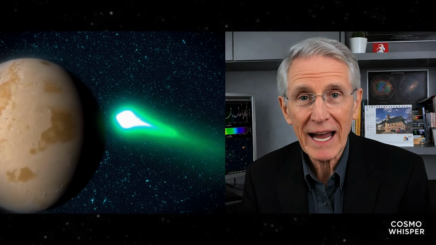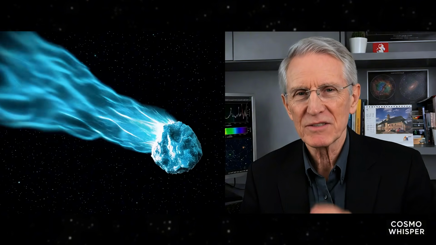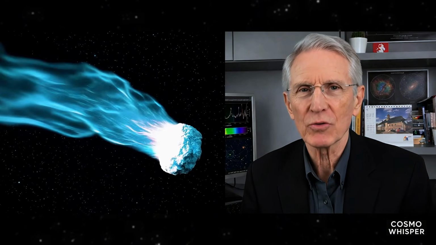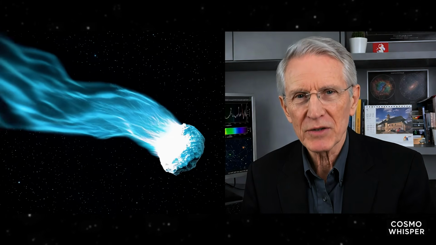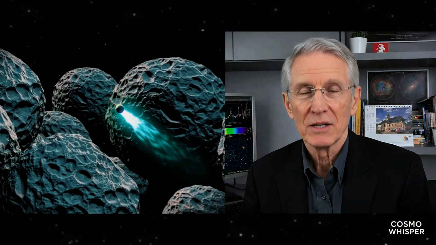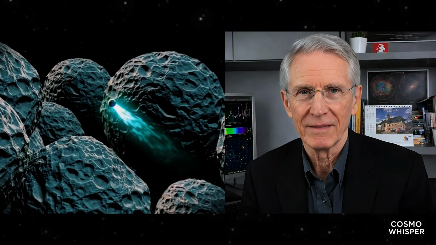For 3I Atlas, the jets are equidistant. This implies the active regions on the surface are equidistant. Imagine a sphere. Place 3 dots on it, enabling them to form an equilateral triangle. That is the configuration required on the surface of 3I Atlas to produce the data we see.